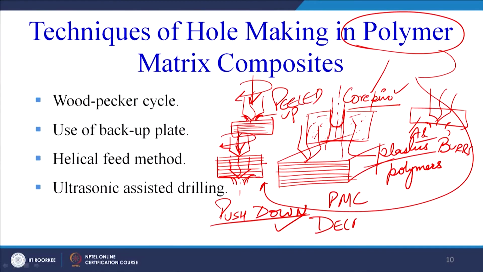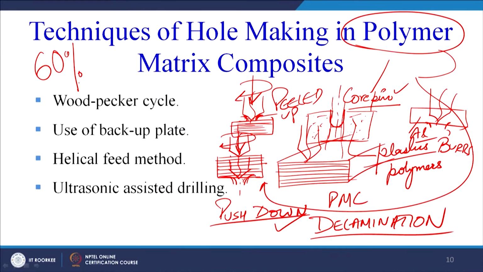In polymer matrix composites, where we have layers of fibers, I will write the word delamination because it is very commonly used. At the entry of the drill into the composite you will have a peel up type of delamination, and at the exit you will have a push down type of delamination.